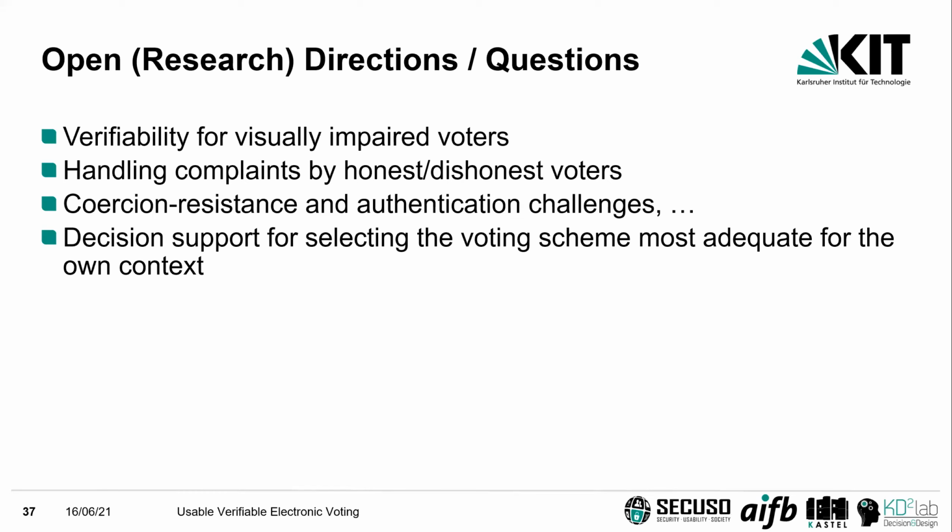The last one I wanted to mention, which is not from a research perspective but from talking to decision makers, is that we currently have so many different voting schemes that all have their advantages and disadvantages that we need a decision support system that allows decision makers to make better decisions and to see which of these schemes fits best to the context.